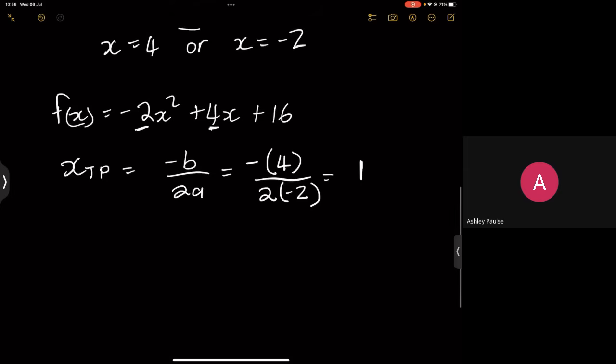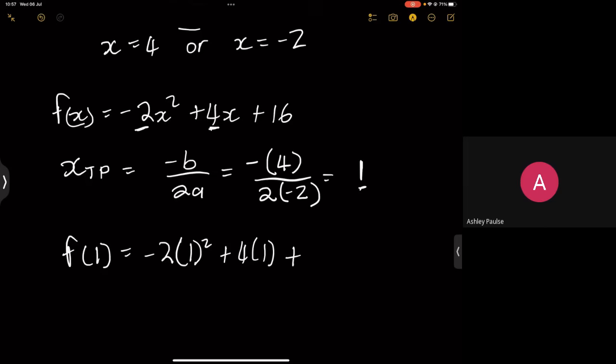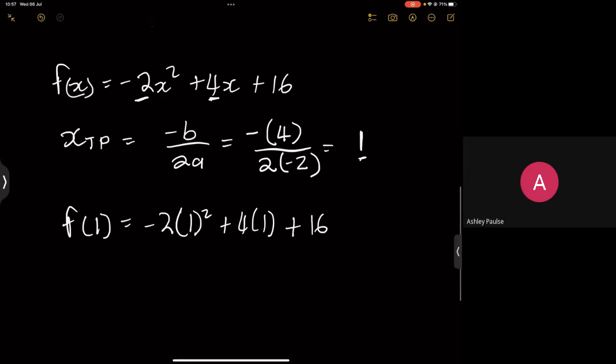But remember, now we want the y value. So now we're going to take f of 1. We're going to take the original equation and substitute the x value there. That's minus 2 into 1 squared plus 4 times 1 plus 16. If you look at that, this is going to give us negative 2 plus 4 plus 16.